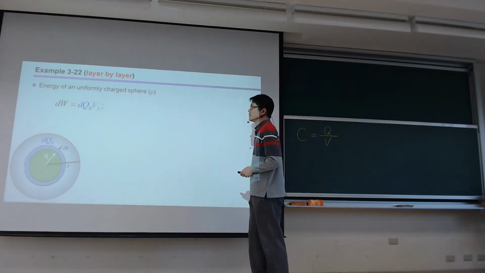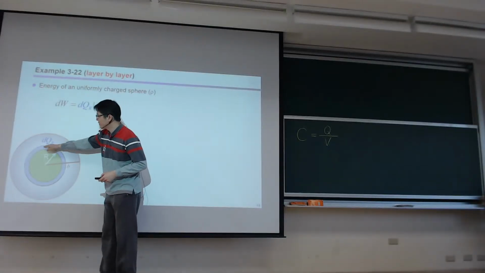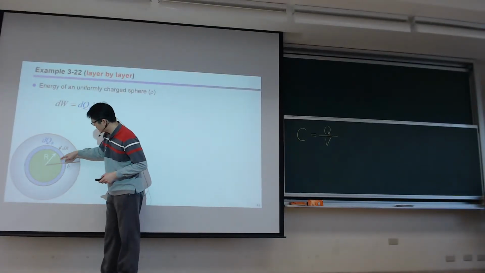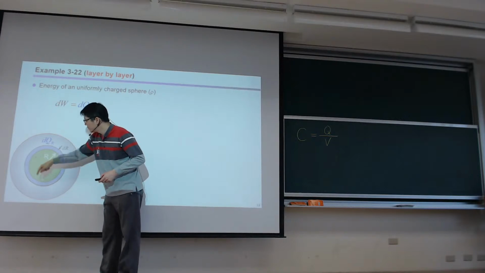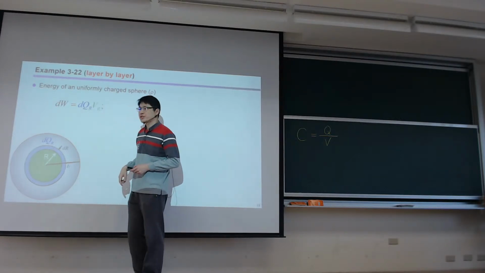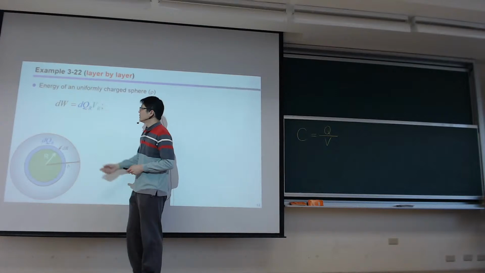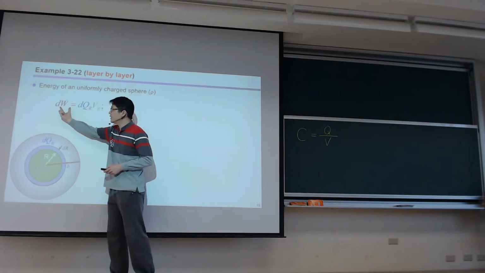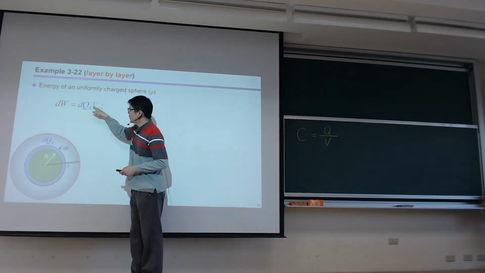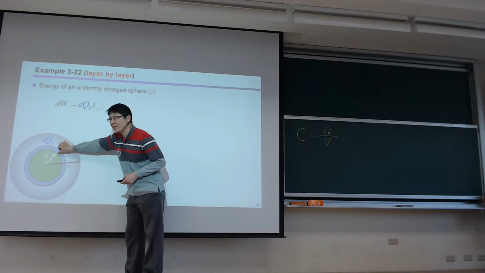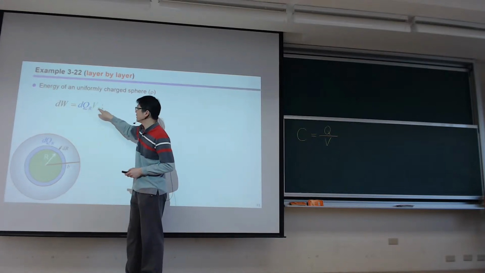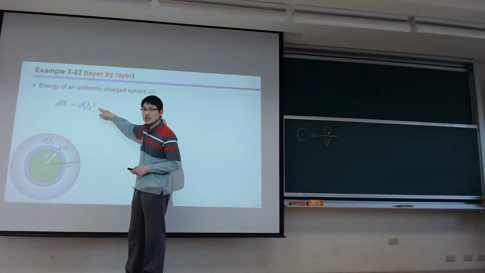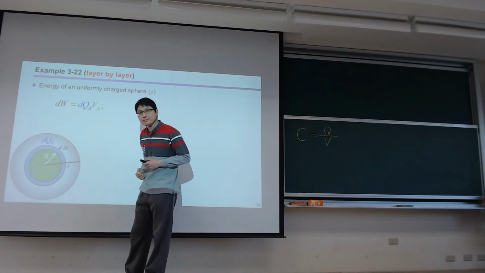Right? So for each differential layer, represented by this checkerboard blue shell, each differential layer needs this amount of energy: the charge contained in that thin shell multiplied by the potential it needs to overcome.